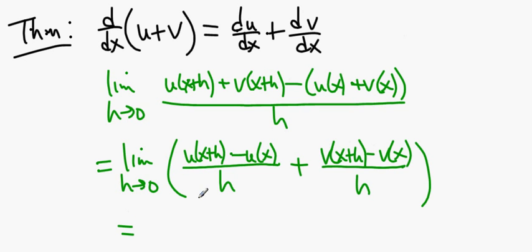And so this thing on the left is the derivative of u, and this thing on the right, limit as h approaches 0, is the derivative of v. And so, sure enough, if I add two functions and take the derivative, that's the same as adding the derivatives of the functions.